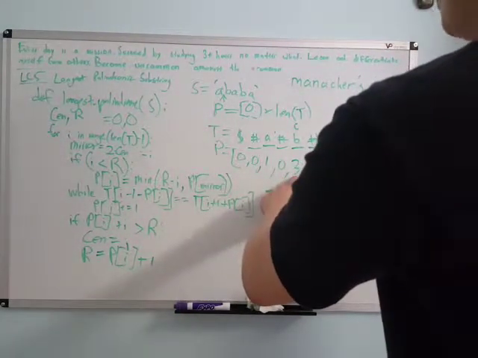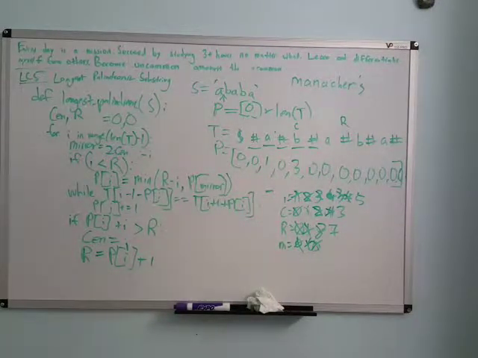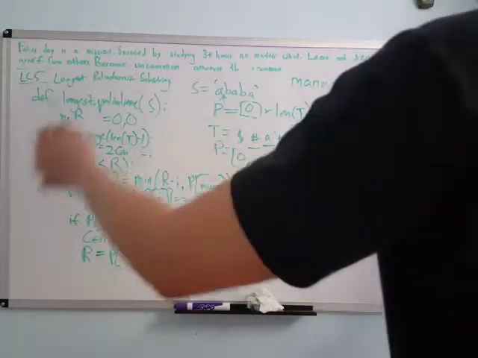And then we should see a 1 here because we saw a 1 here. Or rather, we should see at least a 1 here, because the palindrome could potentially expand further.